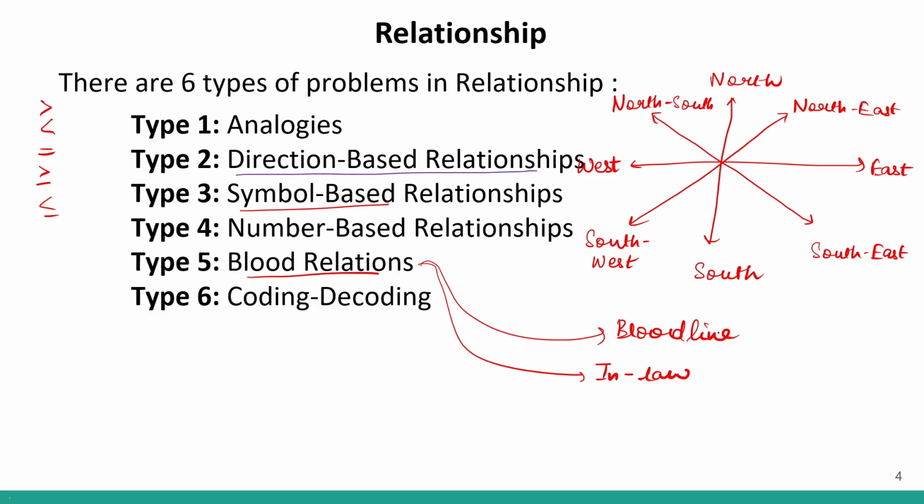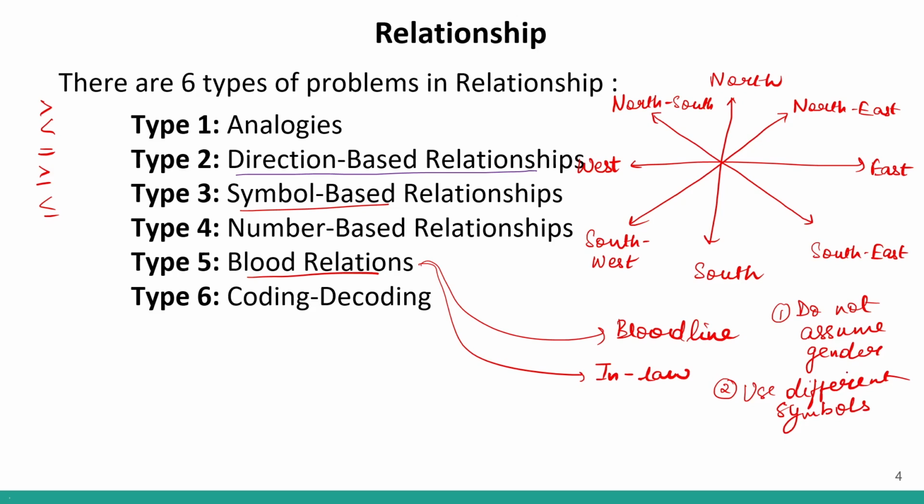There were certain things to remember while solving questions on blood relations. First one was, do not assume gender. We do not assume gender while solving questions on blood relations unless it is specified in the question, or we can derive it from the data given in the question. The second concept was to use different symbols. Everyone should have different symbols to denote in the family chart to avoid any confusion.